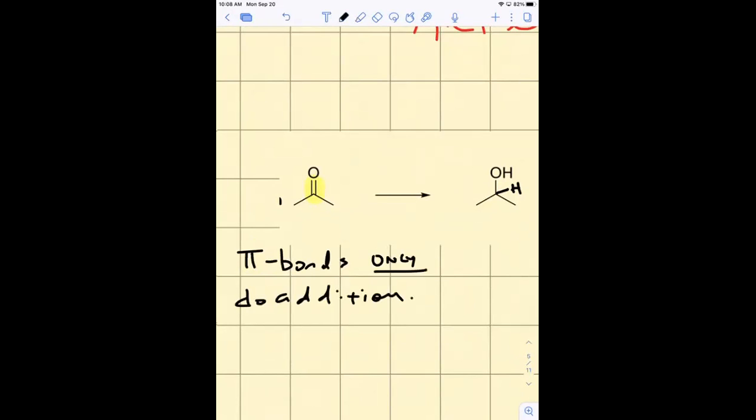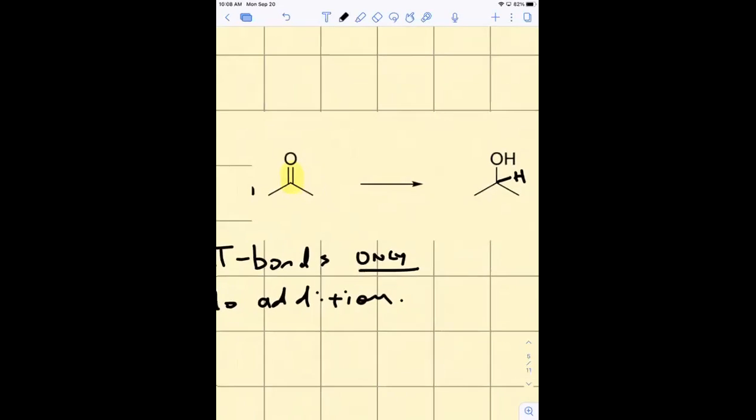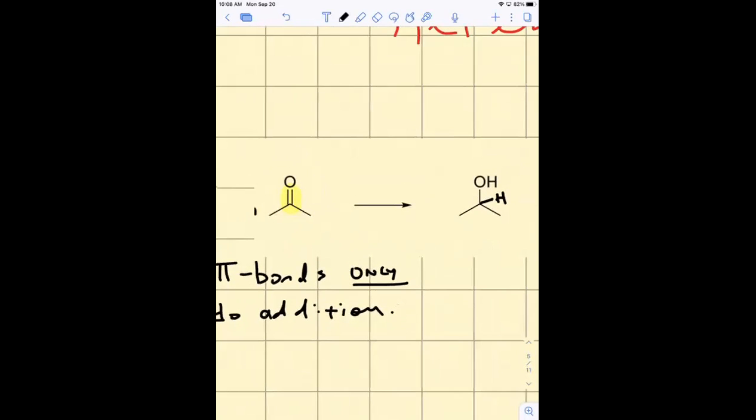A pi bond can only do addition. You cannot do substitution with a pi bond. Right? So if you look at the product, you can see right away that this has to be an addition. What did I add? What does it look like I added? So what's different on the other bond? Okay. And what atoms did I add?